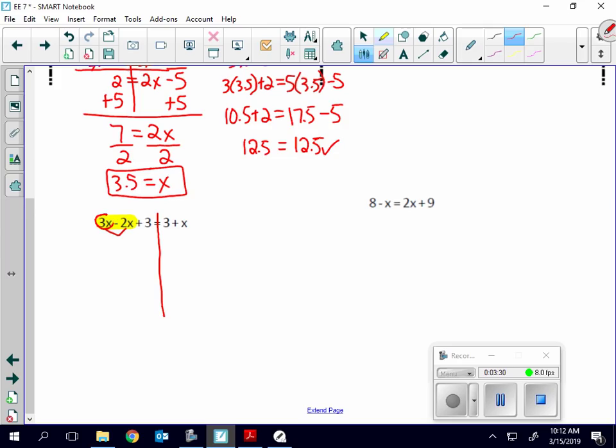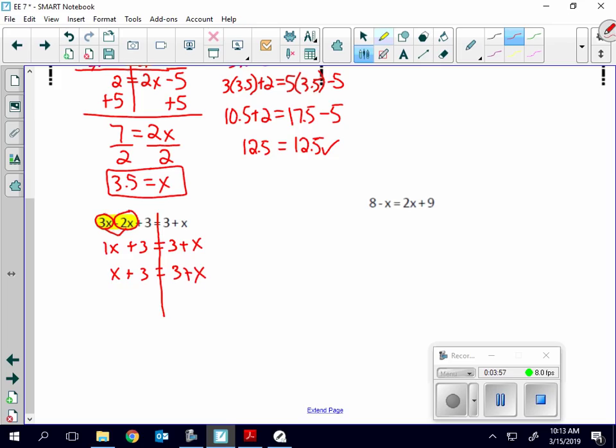If you want to circle them, you can. We have a positive 3x and a negative 2x. When I add a positive 3 to a negative 2, I get just a positive 1x. Plus 3 equals 3 plus x. Well, this is really just an x plus 3.